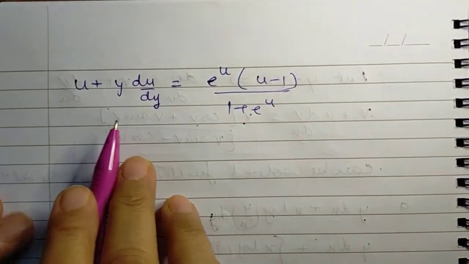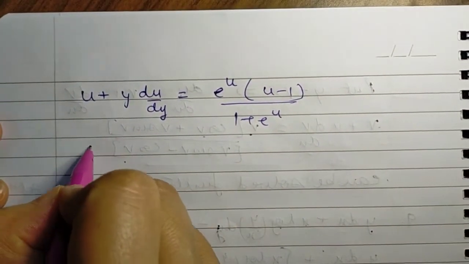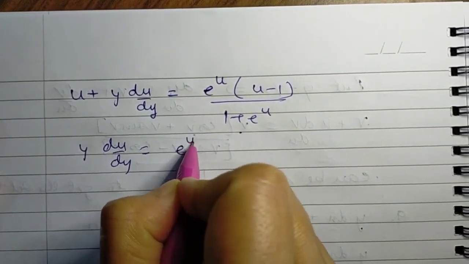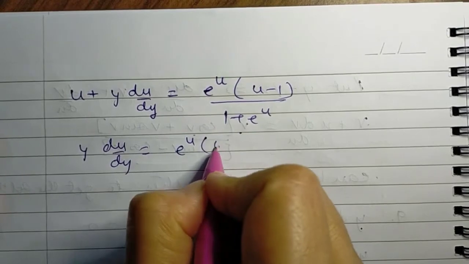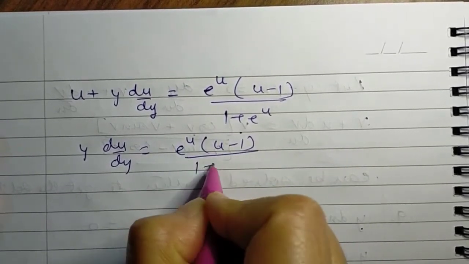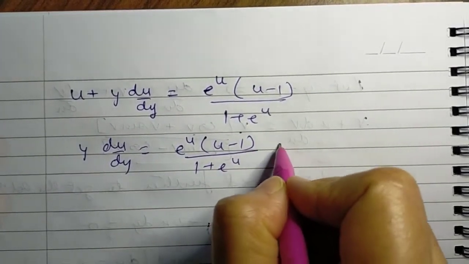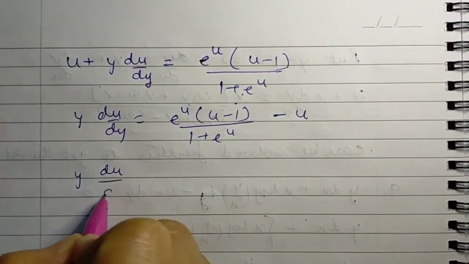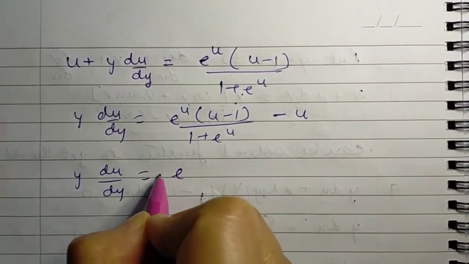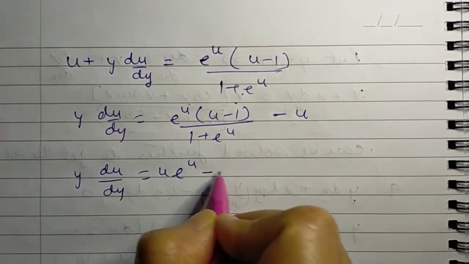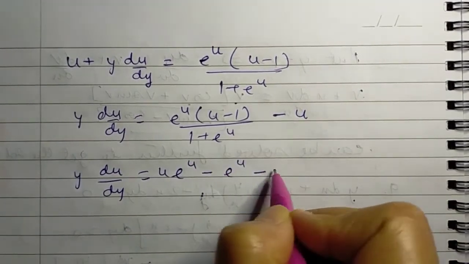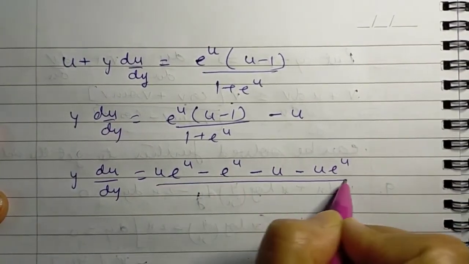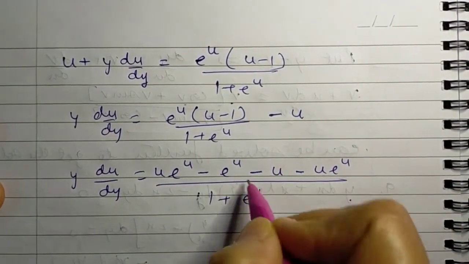Now let's solve it completely. So what do we have? So y du by dy will be equal to e raised power u times u minus 1 upon 1 plus e raised power u, minus u. Solving further, we get y du by dy will be equal to u e raised power u minus e raised power u minus u e raised power u whole upon 1 plus e raised power u.